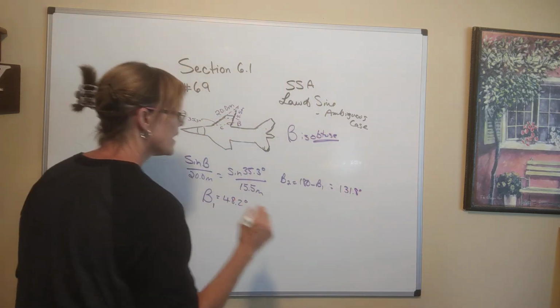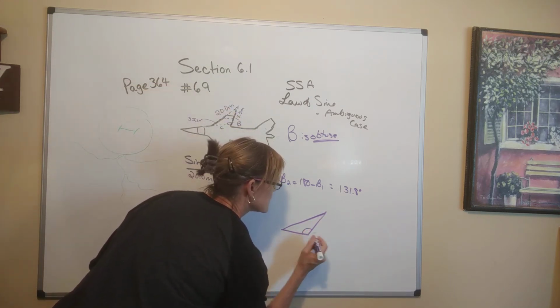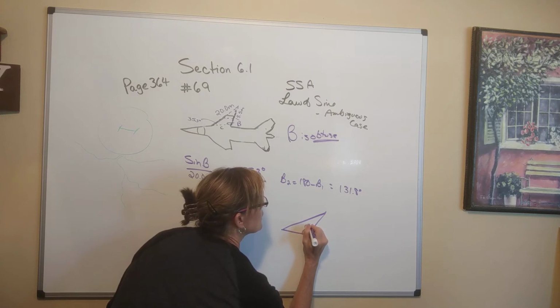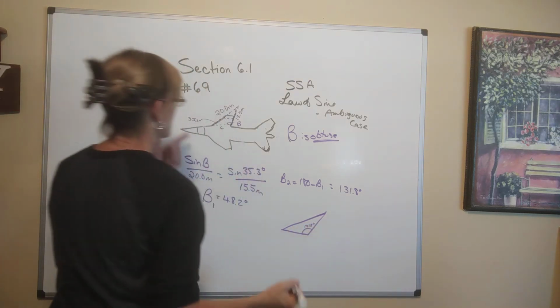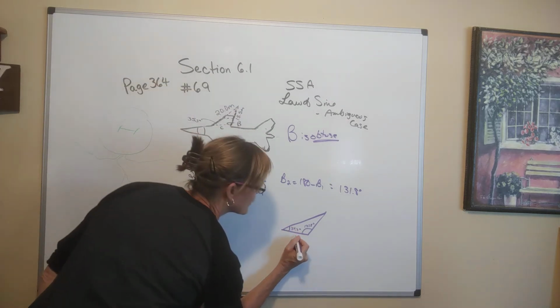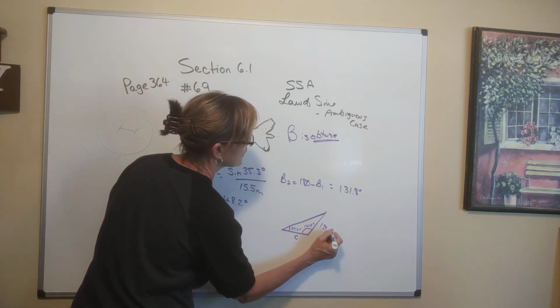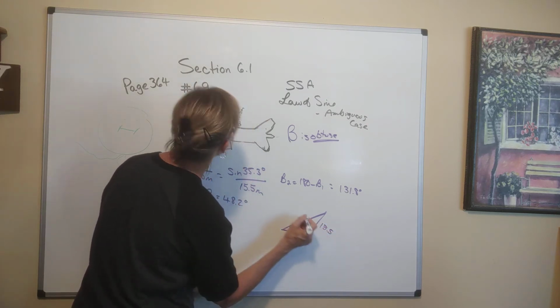All right, and so right here is 131.8 degrees, and this is 35.3 degrees, and we're trying to find what C is, but we know this length is 15.5, and this is 20.0.